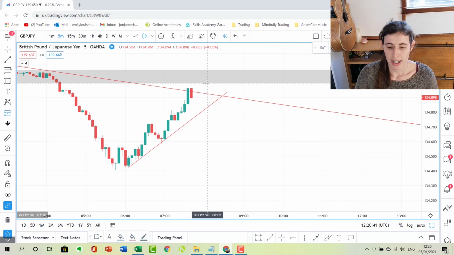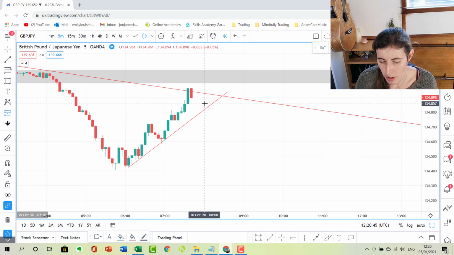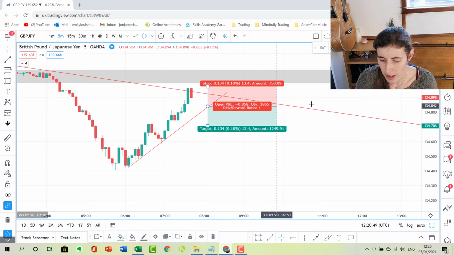I'd like to get some kind of tap and rejection of this area, but as this could be a potential inside bar, I'm going to just set a short just below this area here.